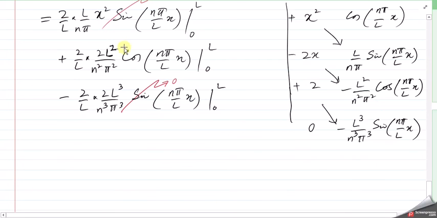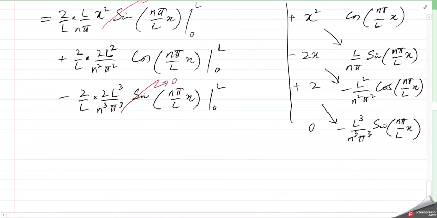I have missed this x. That x is missing. So again, when we put L, we get some term, and when we put 0, this x will make it 0. Something is going wrong here.